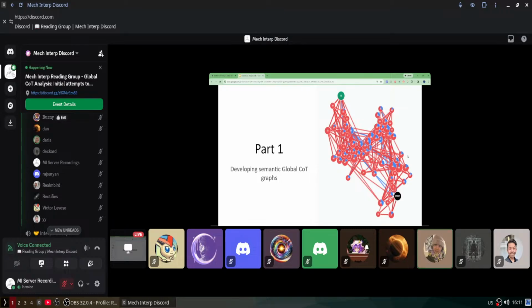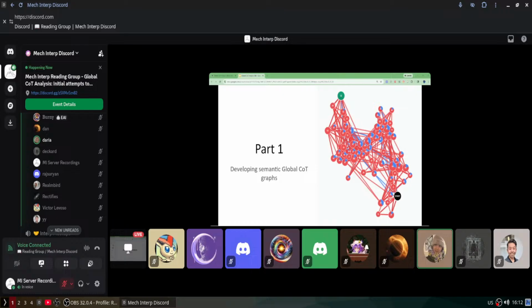The numbers on the nodes are the number of segments, or textual chunks, across all these rollouts that have that particular semantic flavor. All the fragments clustered into the same node have the same meaning, but they say the same thing in slightly different ways. So that's what we're building towards.